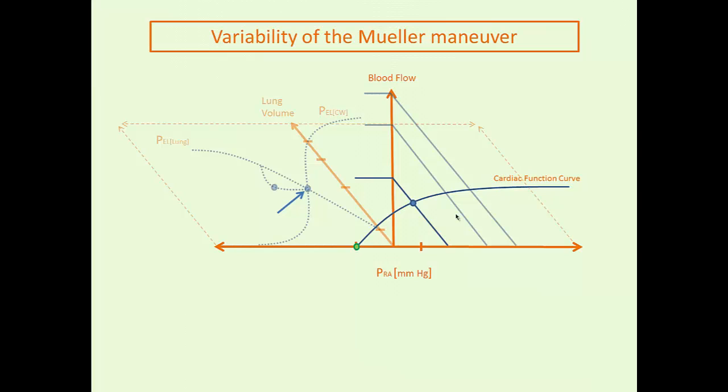So now this patient is going to perform the same mini Mueller, but now I want you to think of this patient, this depressed cardiac function, in terms of a hypovolemic, euvolemic and hypervolemic patient. If you decrease your intrathoracic pressure, for the hypovolemic patient, there actually tends to be a much greater increase in your distending pressure.